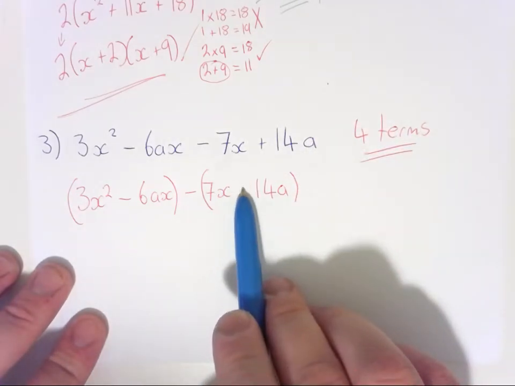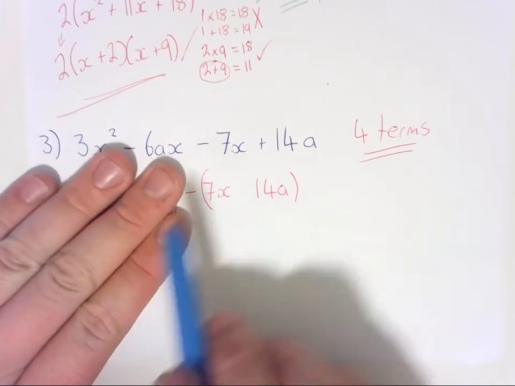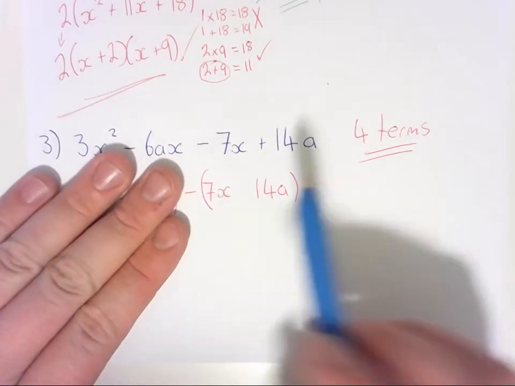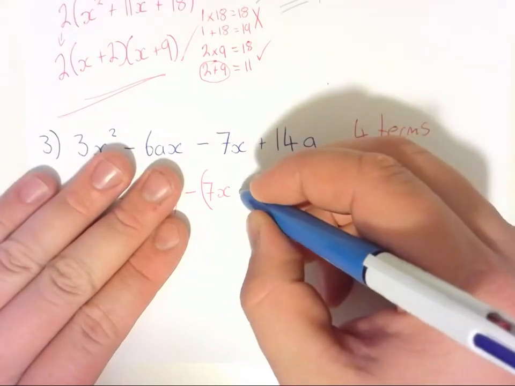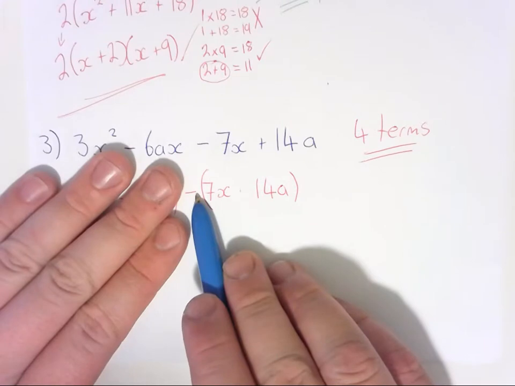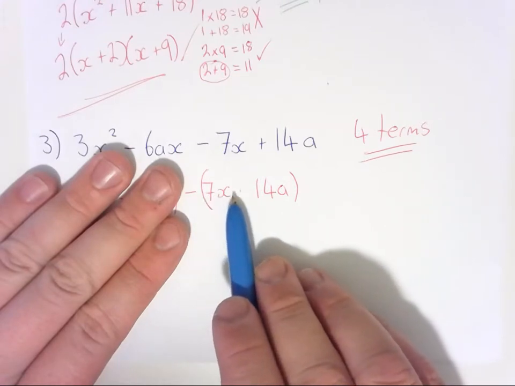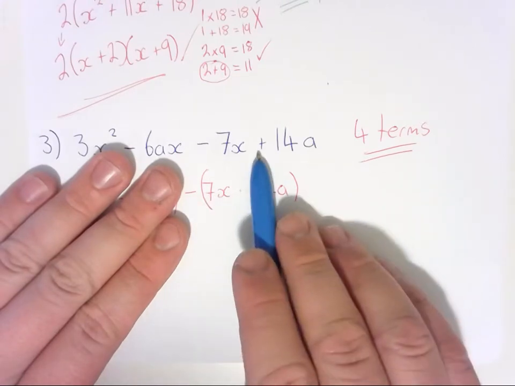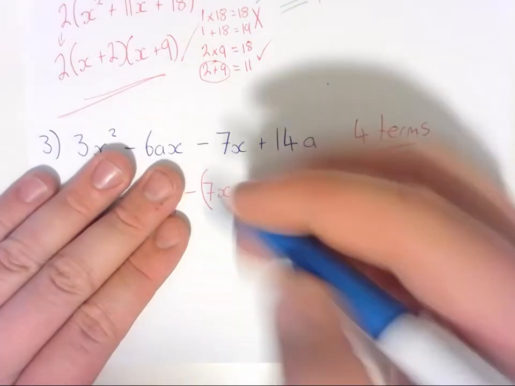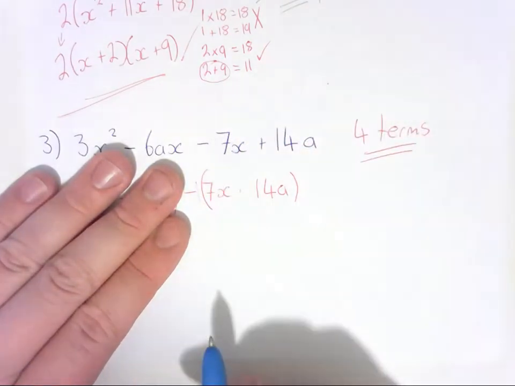The reason for that is, if I had negative 7x plus 14a, and I dragged that plus down, if I was to expand those brackets, there's like an imaginary negative 1 out the front here.